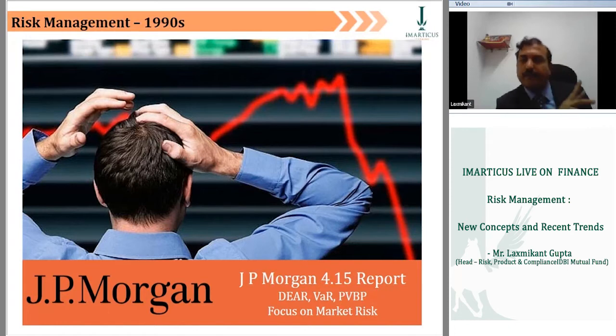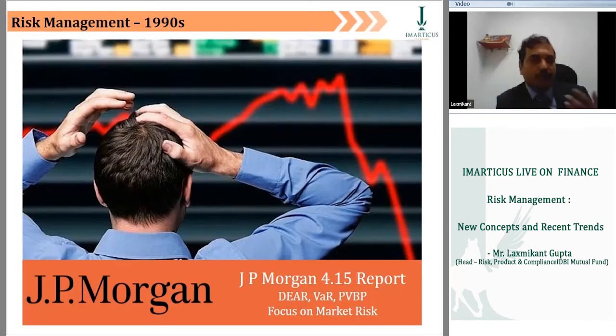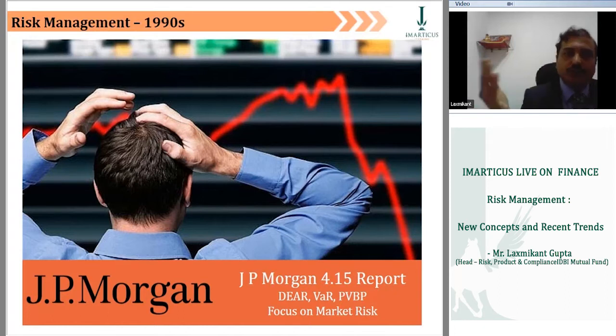If you go back to the previous slide, the focus was more on the credit risk of lending banks. In the late 90s, the focus also included market risk, because most banks carried SLR and non-SLR portfolios, and investment bankers had a huge fixed income portfolio especially. Treasury heads and business heads wanted to know how much risk they were carrying from today to tomorrow, and to have enough capital to cover that loss. Hence, the capital adequacy ratio started including one more aspect, which is value at risk.